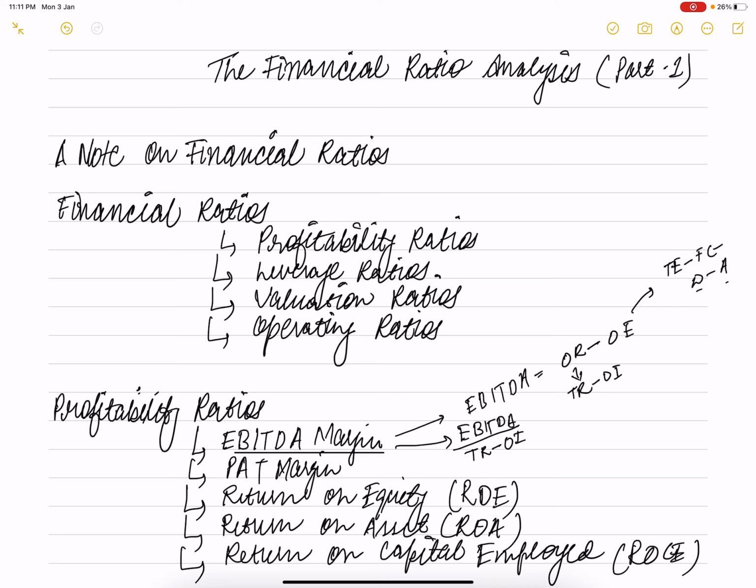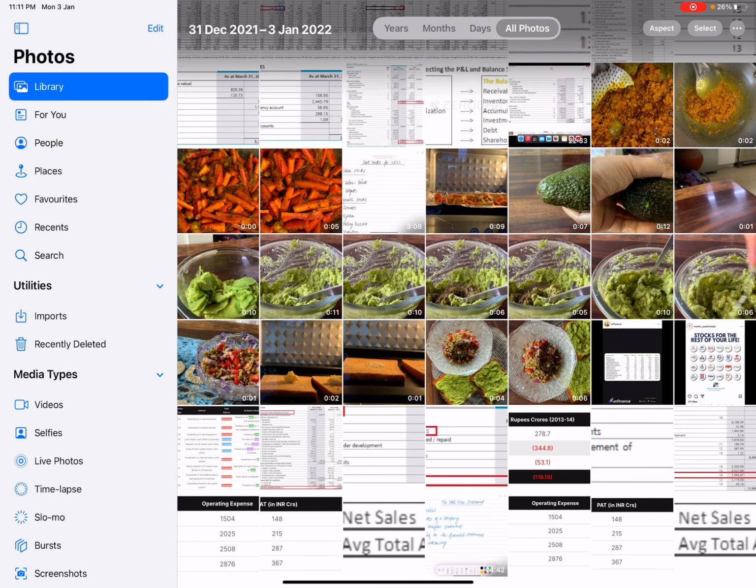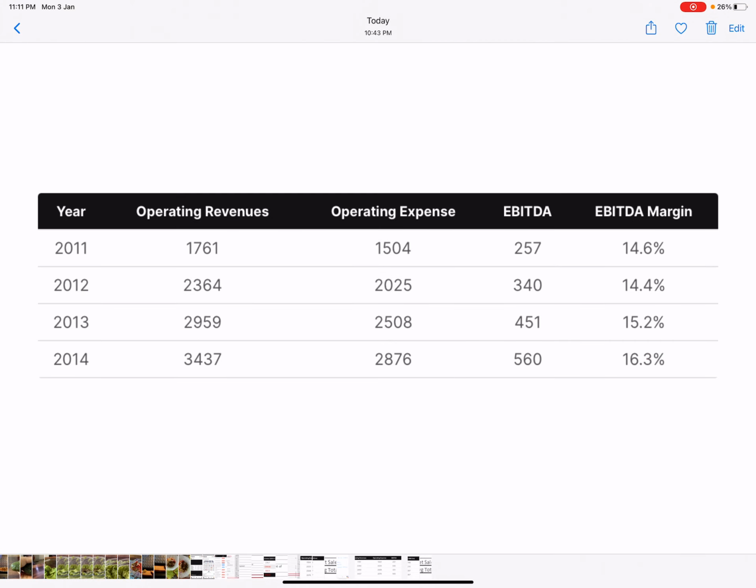To make some sense of the EBIT margin, let us look at Amara Raja Limited's EBIT margin. You can look at this picture.